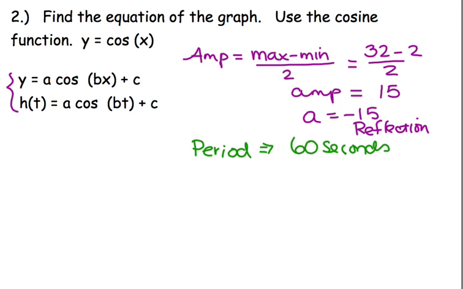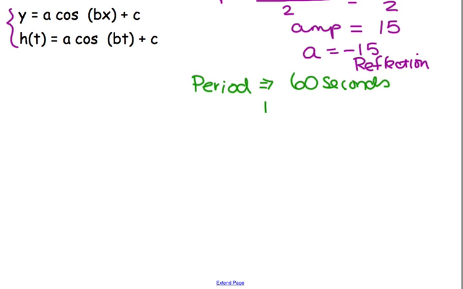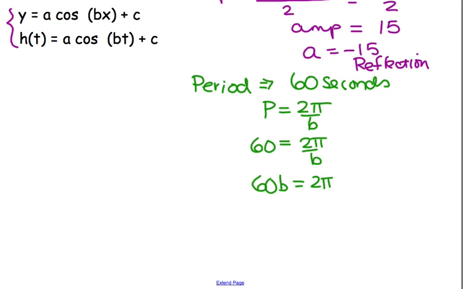So we need to find the B. Period equals 2 pi over B. I'll give you about 30 seconds, see if you can find the B. Okay, so you can substitute 60 in for the period and solve it for B. So multiply both sides by B. Then divide both sides by 60.